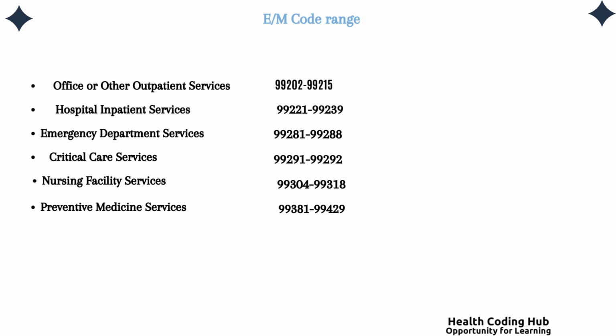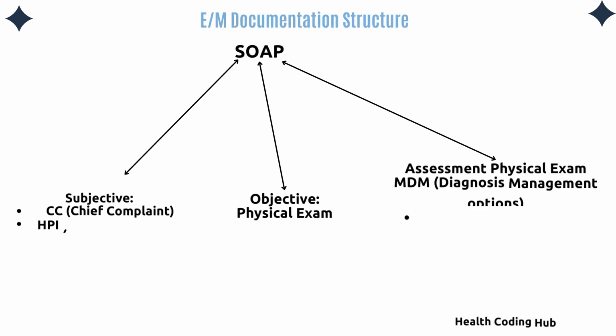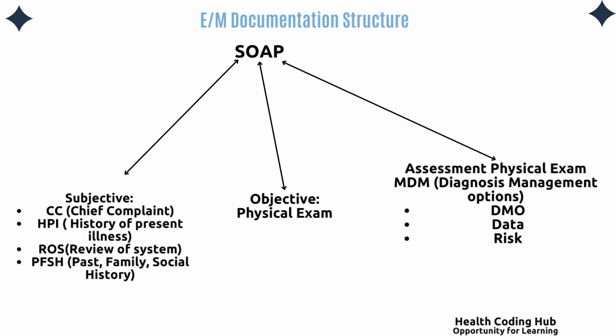99429. Let's discuss the E&M document structure, which is essentially a SOAP note. This stands for subjective, objective, assessment, and plan. Under the subjective section, there are three subsections: history section, exam section, and MDM section. In the history section, there are four subsections: CC, Chief Complaint; HPI, History of Present Illness; Review of Systems; and Past, Family, Social History.